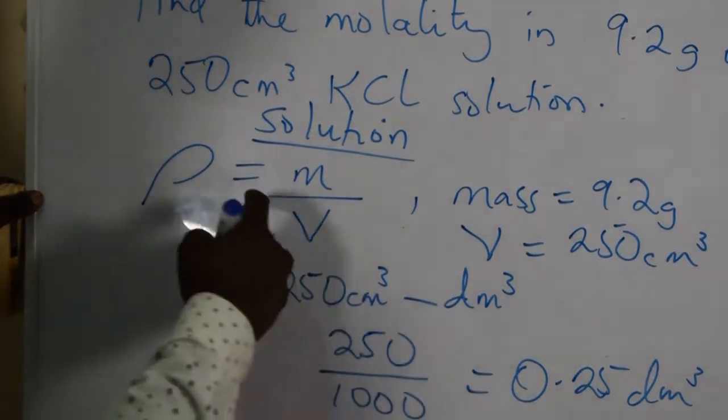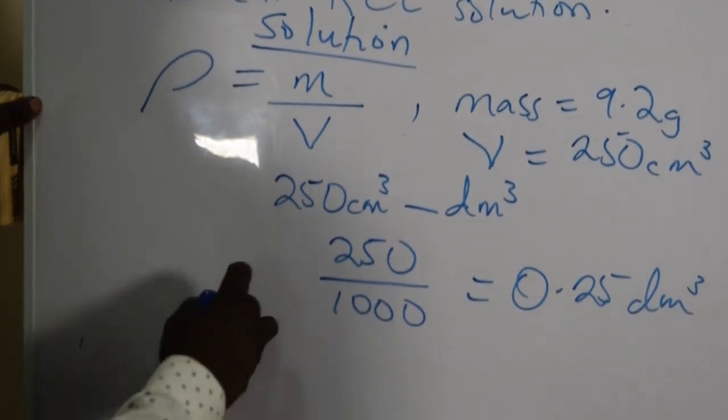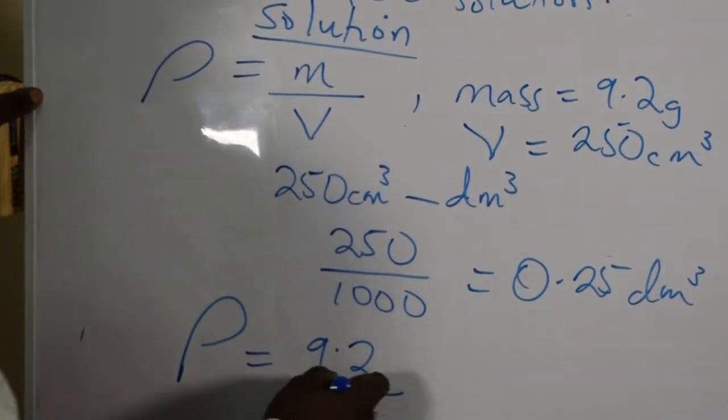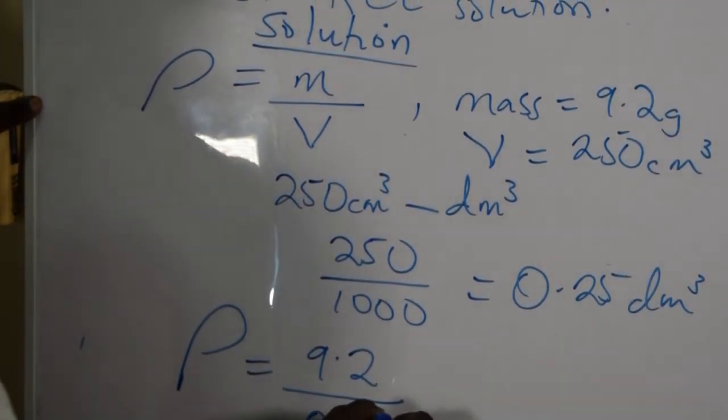Then we can come back to our molality, which is mass concentration is equal to 9.2 divided by 0.25.